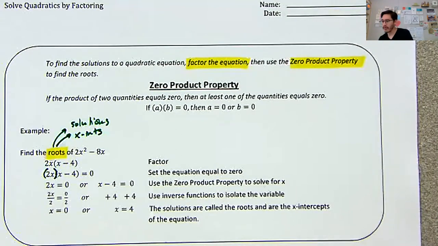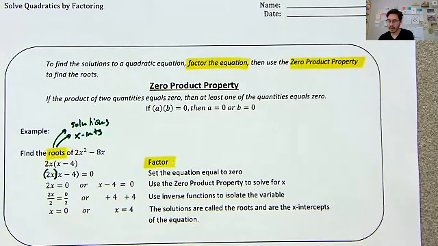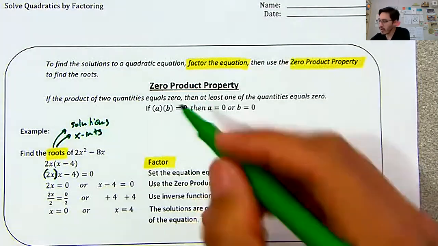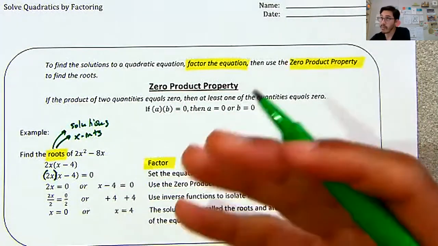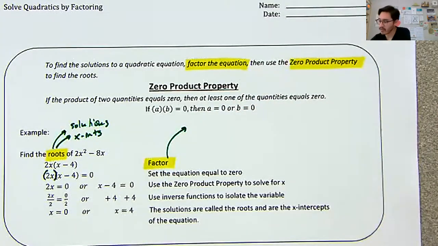Now, before we go any further, let's just talk about factoring, okay? So this is a very important skill to be successful in solving quadratic functions, okay? Now, we went over maybe 2, 3 main ways of factoring.